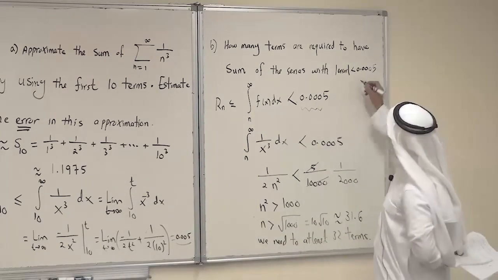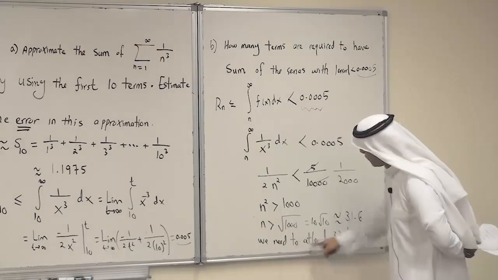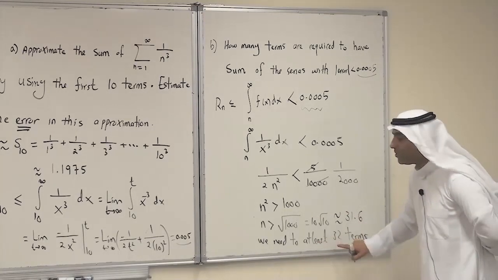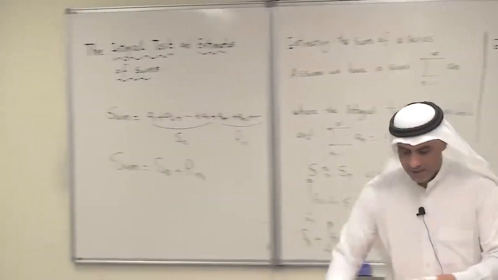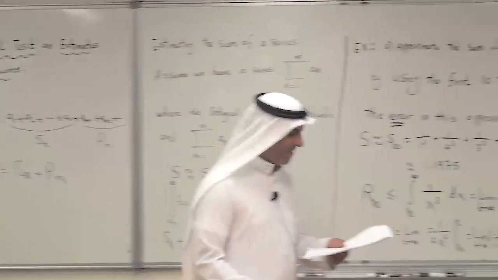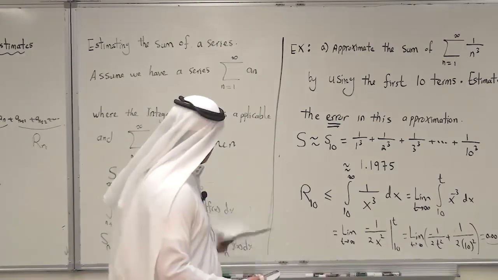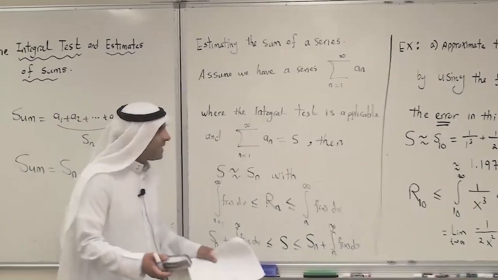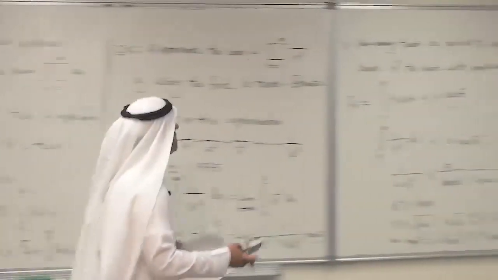When we need more accuracy, more terms need to be added. So we added 32 terms instead of 10 terms. I move now to the last point. With n equal to 10, can you find how large the exact sum can be and how small it can be?